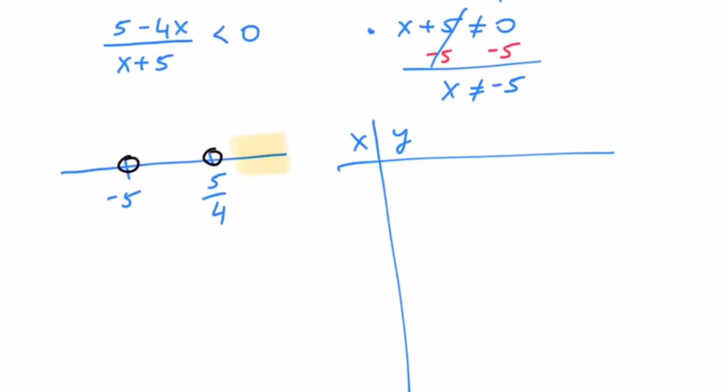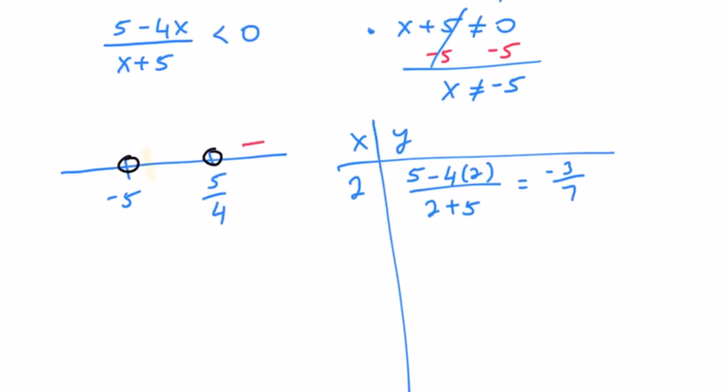Let's pick a number that is bigger than 5 over 4. So let's pick 2. So we have 5 minus 4 times 2 over 2 plus 5, which is negative 3 over 7. So we have a negative interval.